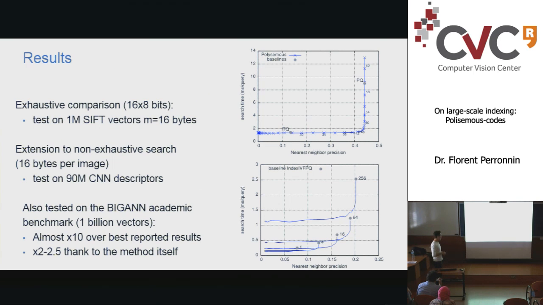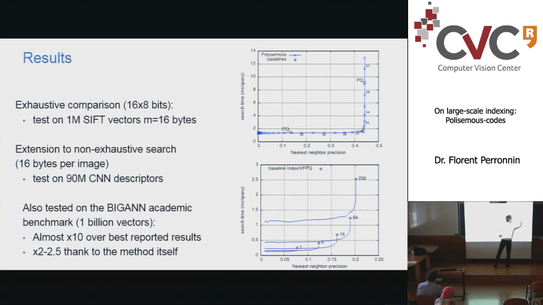So all the details are in the paper, which is online, so I won't go too much into details. I will just focus on this figure, and I can talk about the rest offline if some of you are interested. What does it show? It shows precision here, and the search time here. Of course, what you would like is to have high precision and be on the left.